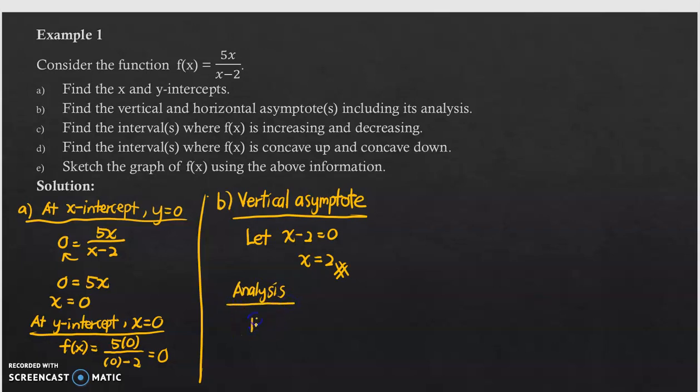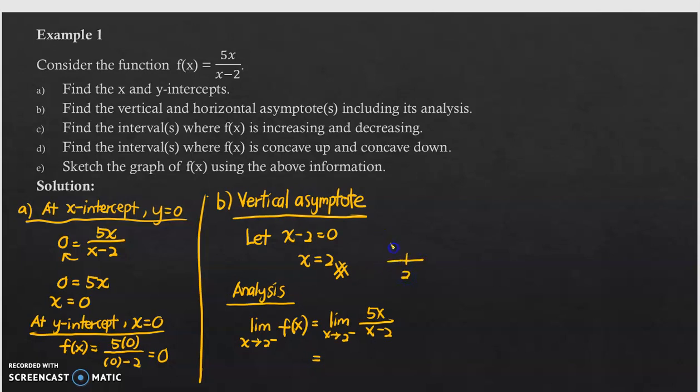So limit, let's say when x approaches 2 from the left hand side, for the function f(x) equals 5x over x minus 2. If we try to substitute, let's say we have the interval, here is 2.